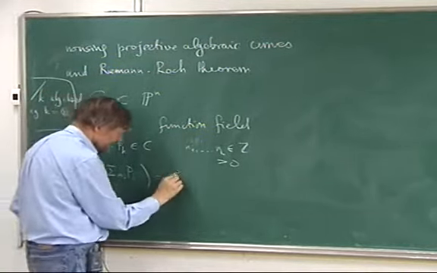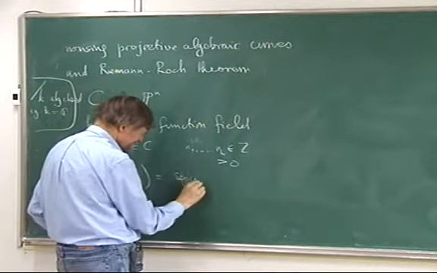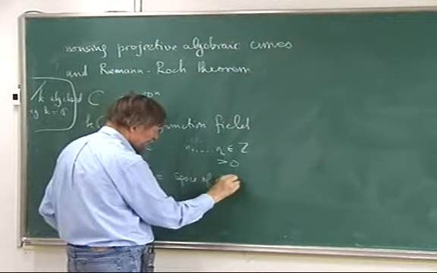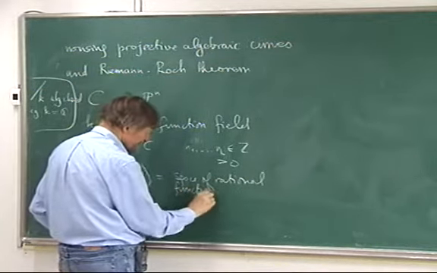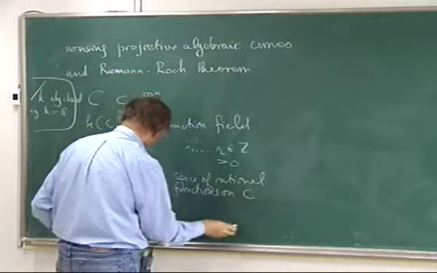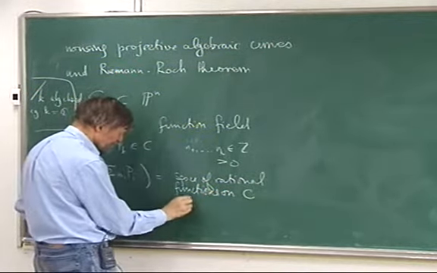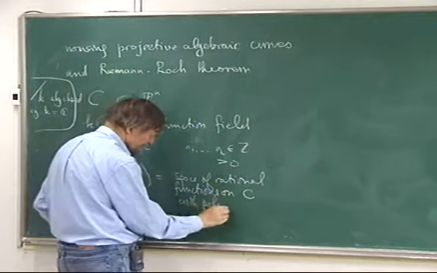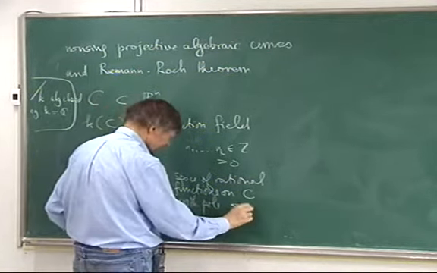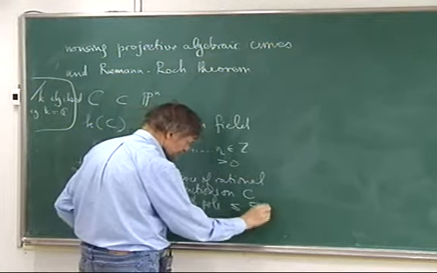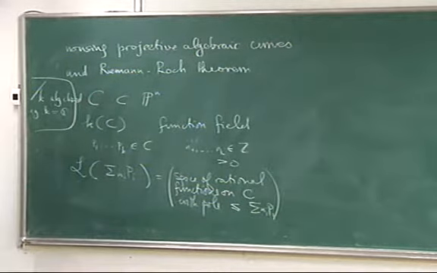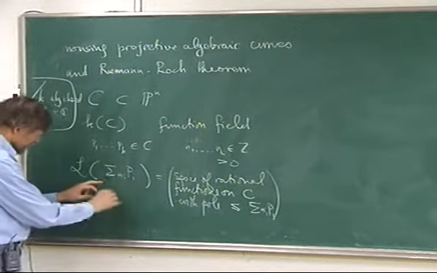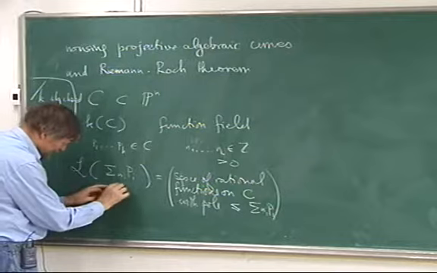This is the space of rational functions on C with pole less than or equal to that. Okay, so I'm just giving you an indication of what the general idea is. Later on, this is going to be called a divisor.